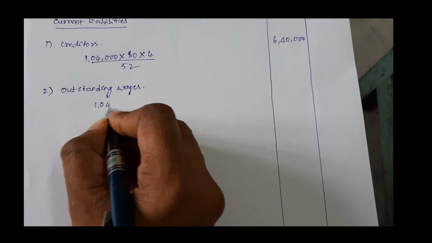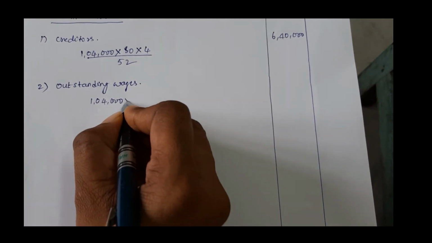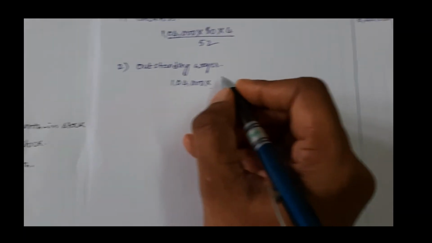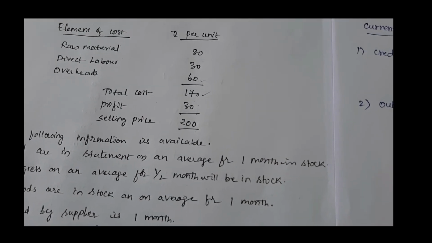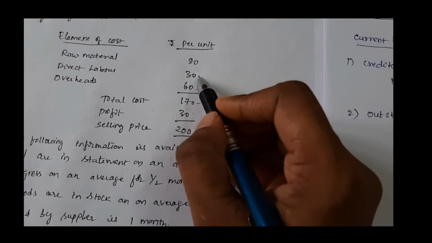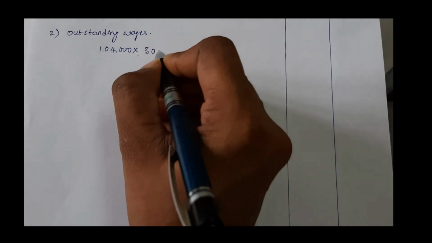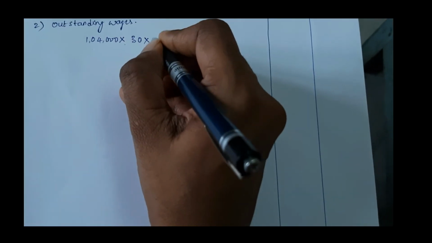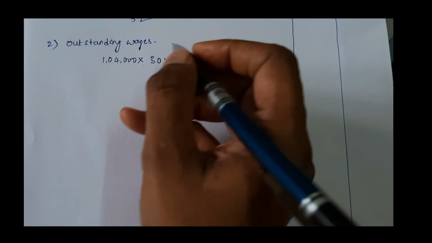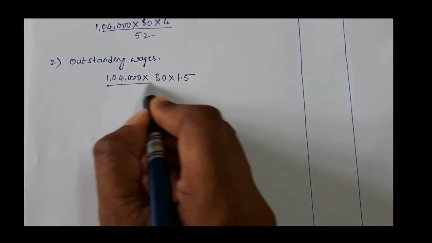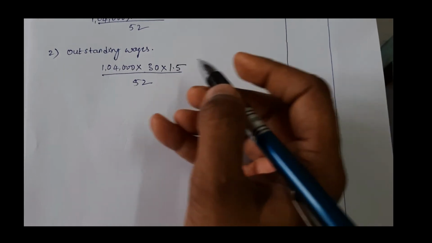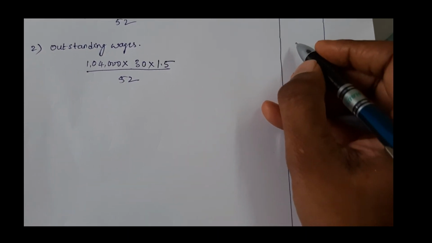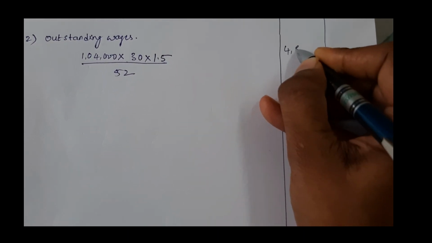So number of units to be produced are 1,04,000 into labor cost is rupees 30 into lag in the payment of wages is 1.5 week. So this can be written as 1.5 weeks divided by total time period of production, that is 52. So we will get 4,80,000.